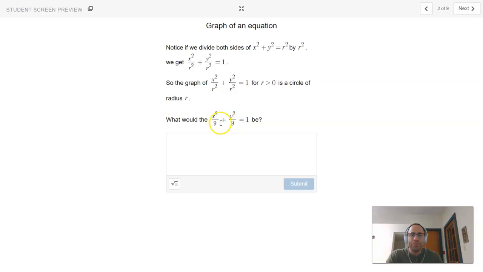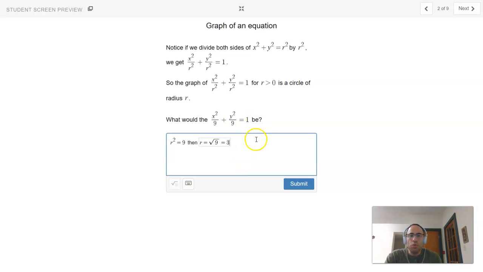Now here, we have x squared over 9 plus y squared over 9 equal to 1. So what would that be the graph of? Well, if you compare the two equations, we can see that r squared in this case would be 9. So, let's type it in. If r squared equals 9, then r would be, as we have seen, the square root of 9, which is 3.